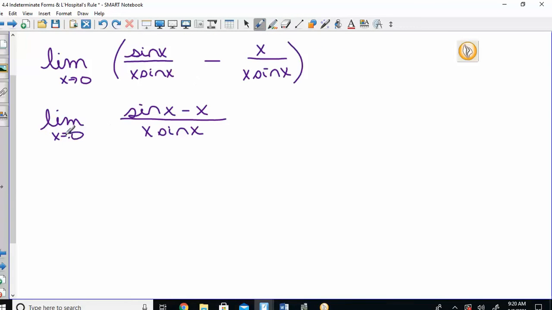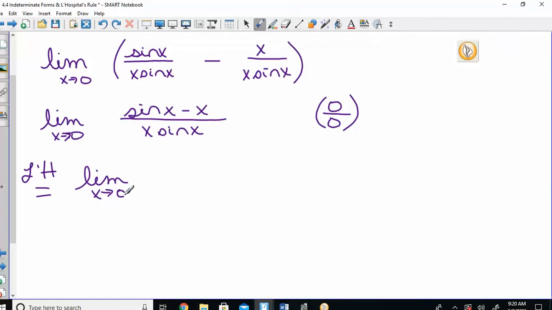Okay, so that's not so bad. So sine of 0 is 0, minus 0 is 0. On the bottom, 0 times 0 is 0. So we have a very straightforward 0 over 0, which means L'Hopital's. I don't know why he wanted to write infinity there.